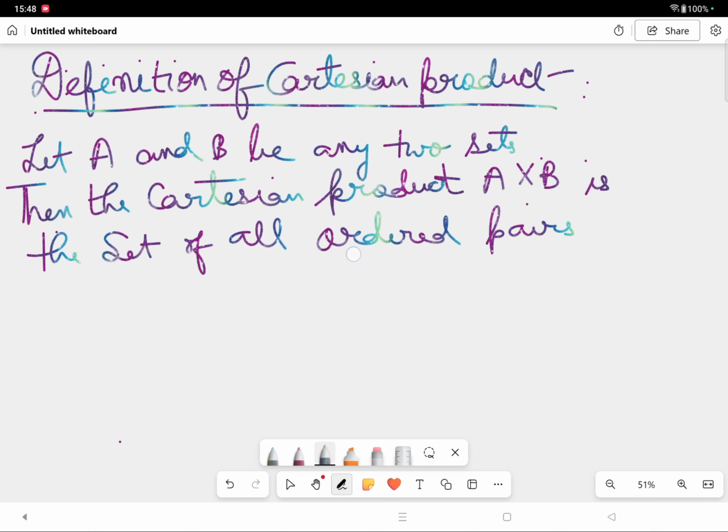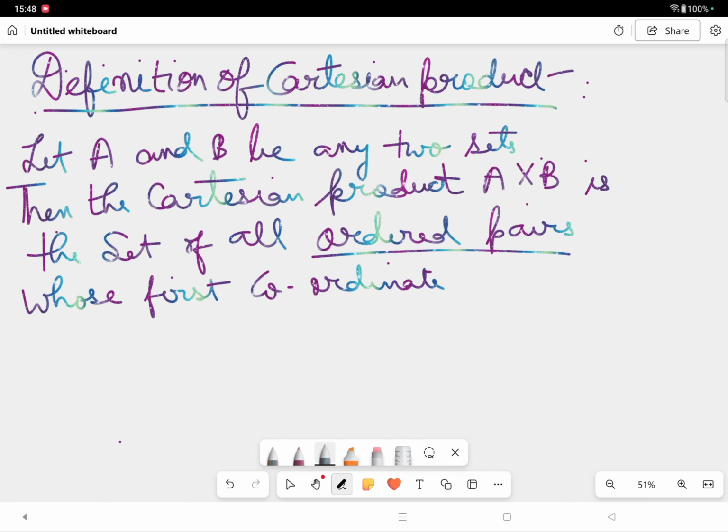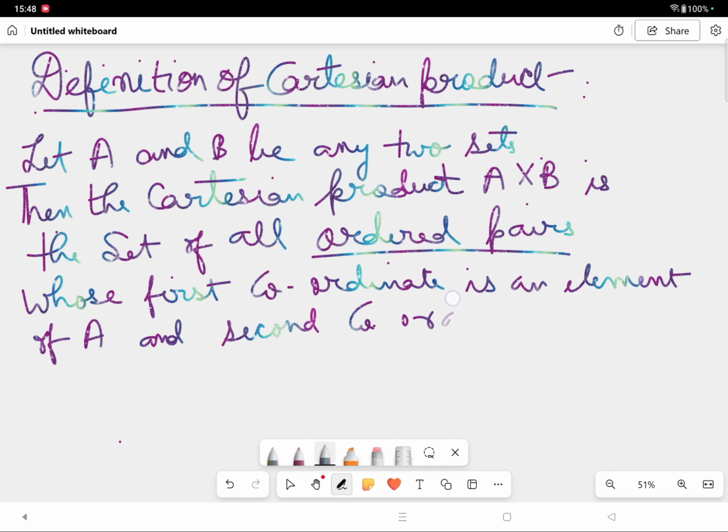This part is very important. Ordered pairs whose first coordinate is an element of A and second coordinate is an element of B.